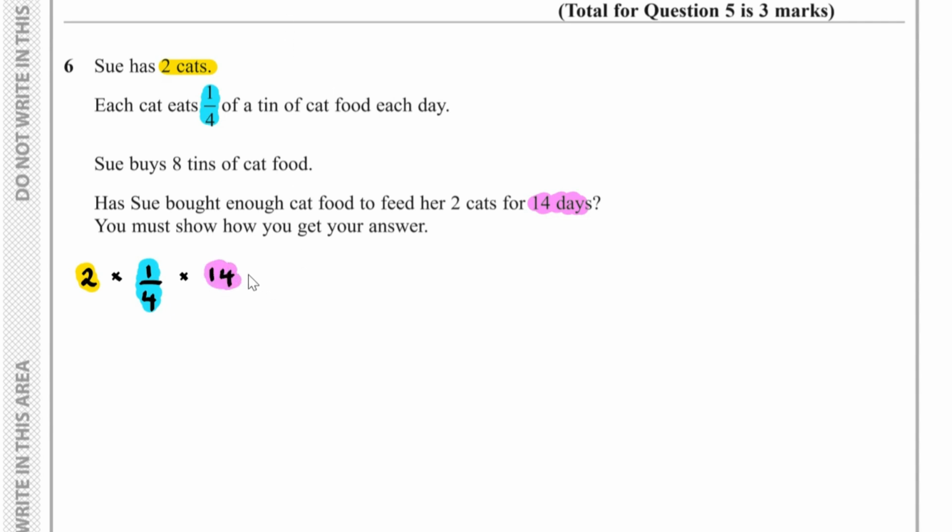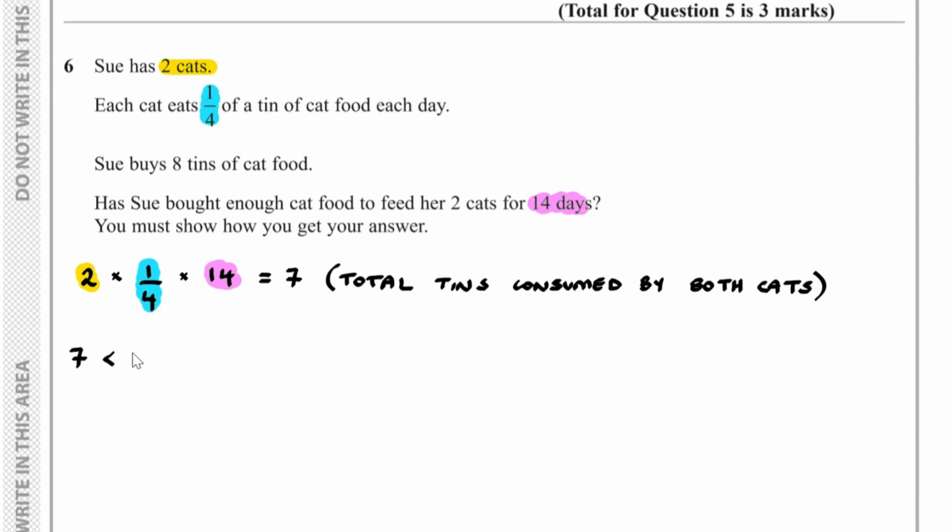And if I work this out, I have a half times 14, which is 7. What does this 7 represent? It represents the total tins consumed by both cats. And because this 7 is less than 8, which is the amount of tins she buys, we can therefore conclude that she has enough.